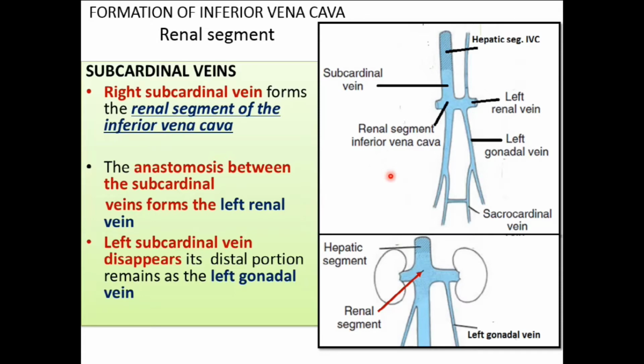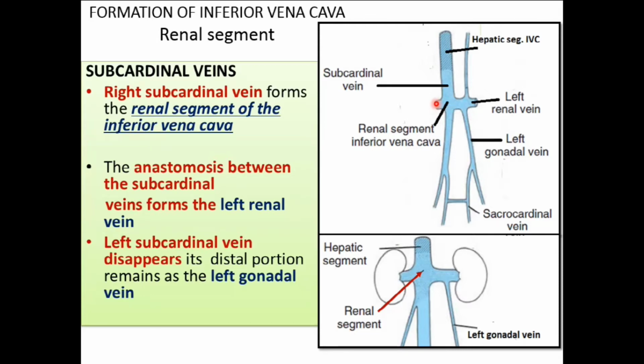So the renal segment means the segment of the inferior vena cava which is lying around the kidneys, because the renal veins are coming from the kidneys and they are joining the inferior vena cava.